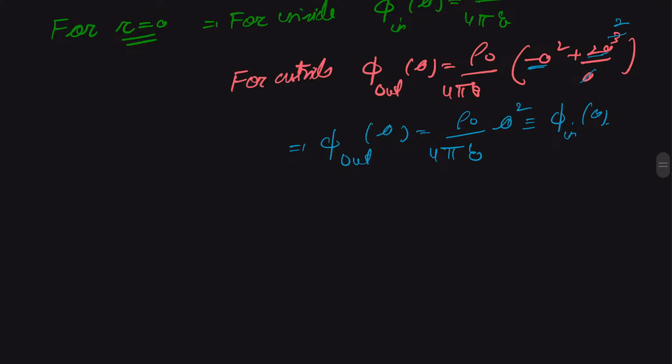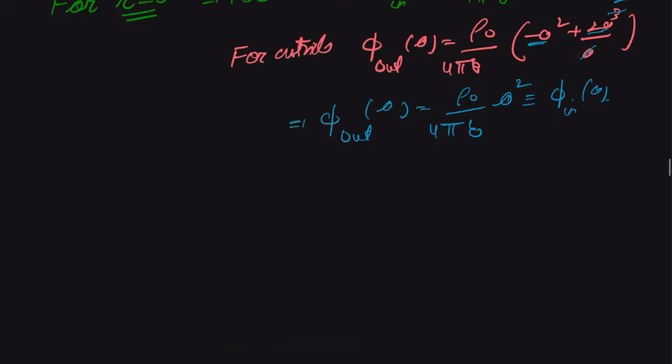This is basically the meaning of it, because if there would have been a different value of inside and outside, then we can say that there is a change in potential, or we can say there is a potential jump. Therefore from here we can say that there is a single well-defined value of potential inside and outside.